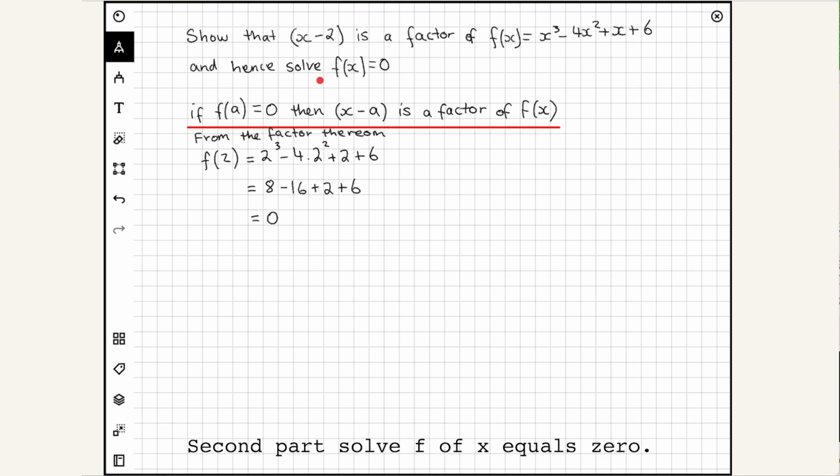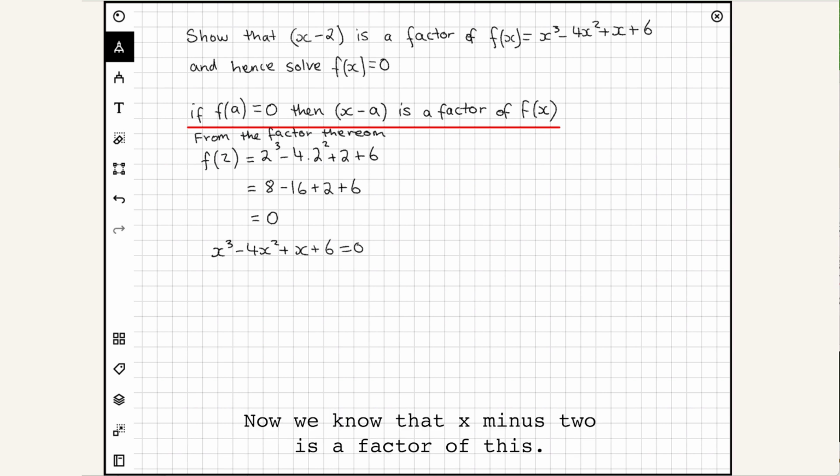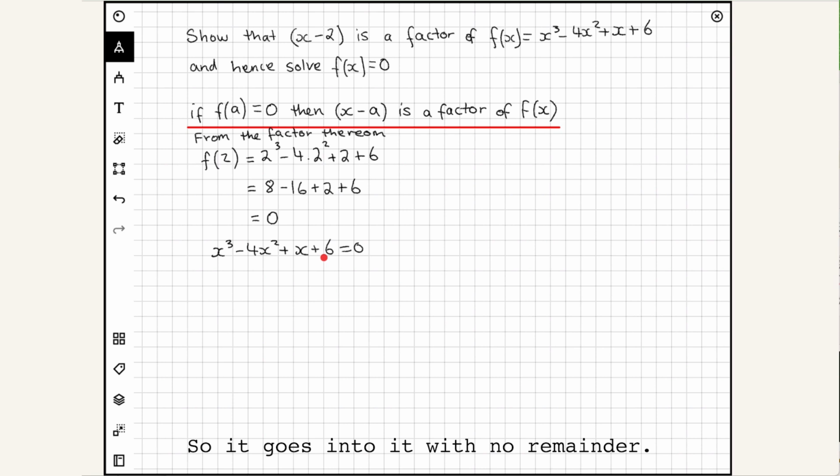The second part, solve f of x equals 0. So in other words, x cubed minus 4x squared plus x plus 6 equals 0. Now, we know that x minus 2 is a factor of this, so it goes into it with no remainder.